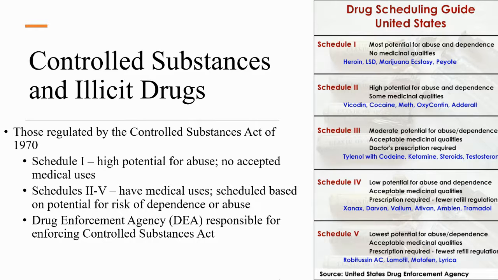So it's interesting that according to the federal government, marijuana is a Schedule 1 substance, meaning there is no medicinal value. It has the most potential for abuse and dependence and is the most dangerous. Heroin is also a Schedule I drug. So it makes you wonder, why has the government placed marijuana and heroin on the same schedule?